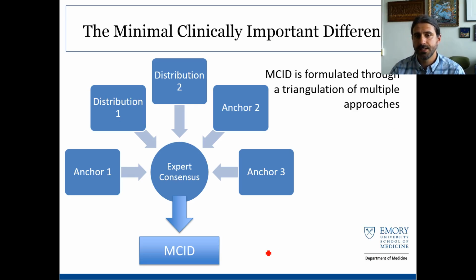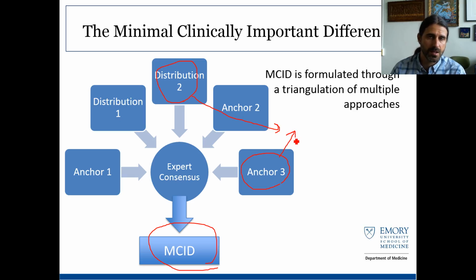So this is an ideal situation. Often we don't have all these different anchors available to us. So if we don't have an MCID available when we're developing our study, sometimes it's just up to us to make some cogent arguments about the distribution of the measure that we're interested in, and maybe some anchoring, and that anchoring could be as simple as what other studies have published.